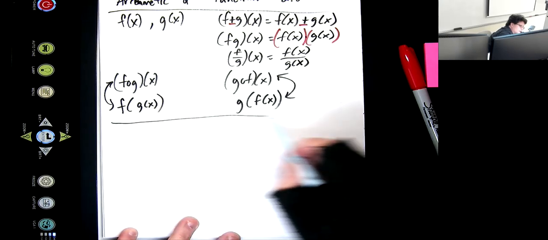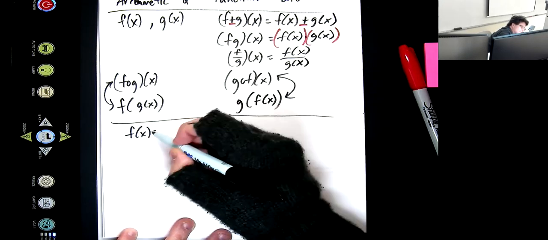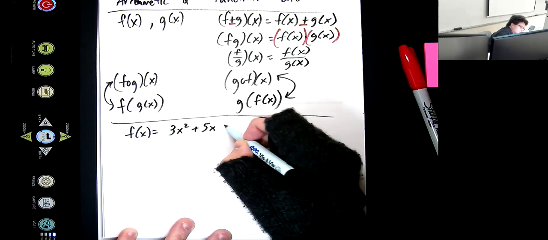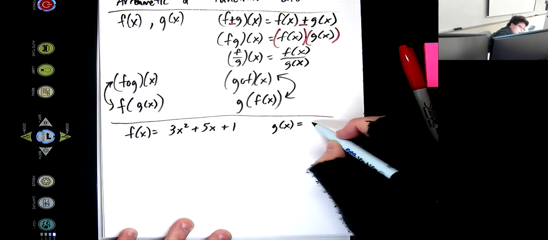So maybe doing f of g of x, let's say f of x equals 3x squared plus 5x plus 1, and g of x equals 2x minus 1.